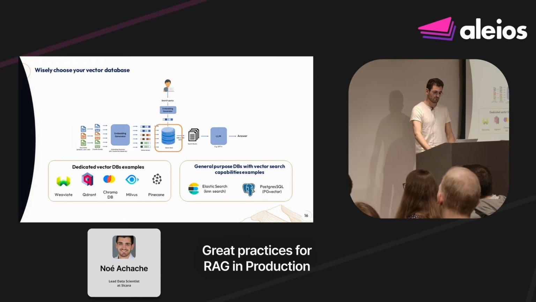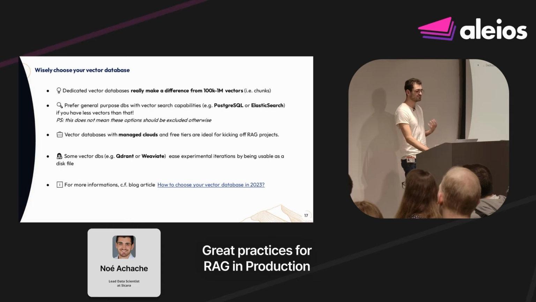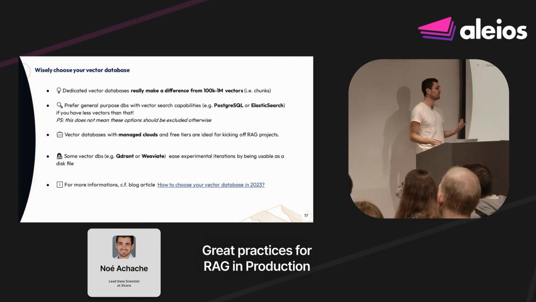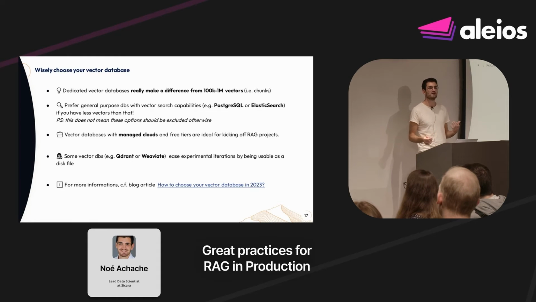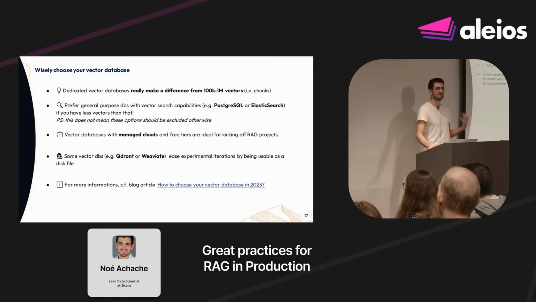And basically, the dedicated vector databases are generally faster, but it only really makes a difference when you start dealing with a large number of vectors. And it turned out that when people build RAGs, they usually don't deal with that many vectors. Sometimes they do. So really, before choosing your database, think about, do I need that many vectors or not?